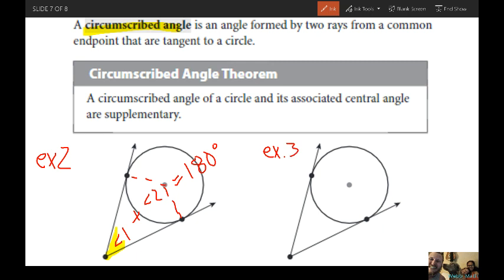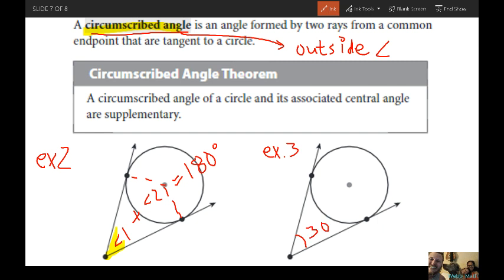Let's say this angle out here is circumscribed. Notice how it's not inscribed? Circumscribed is outside. So this guy right here is an outside angle. Let's say our circumscribed angle in example 3 is 30 degrees.